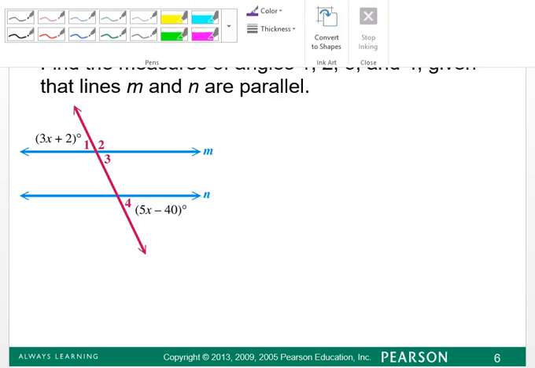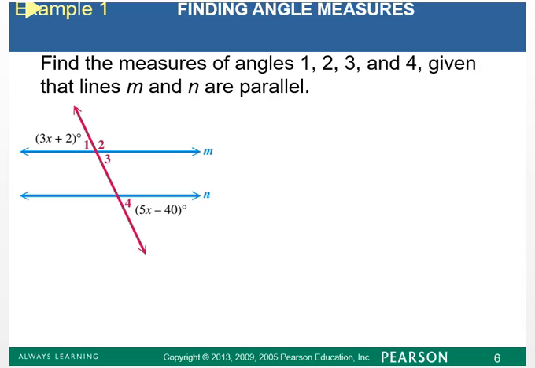Let me get my pen out. We can set up this right here, that 3x plus 2 is equal to 5x minus 40, and solve this equation here.